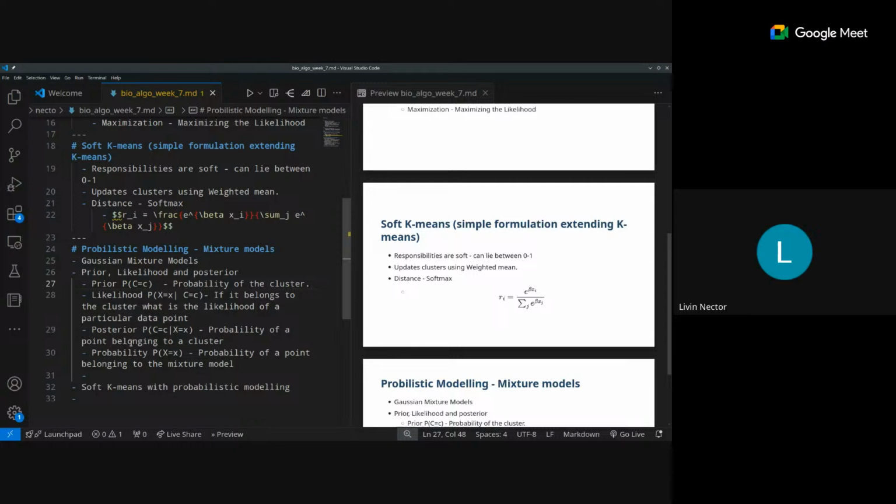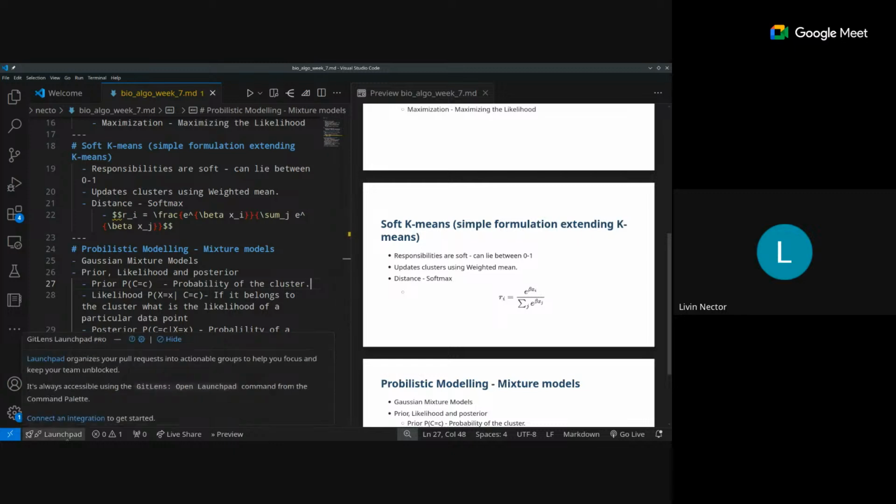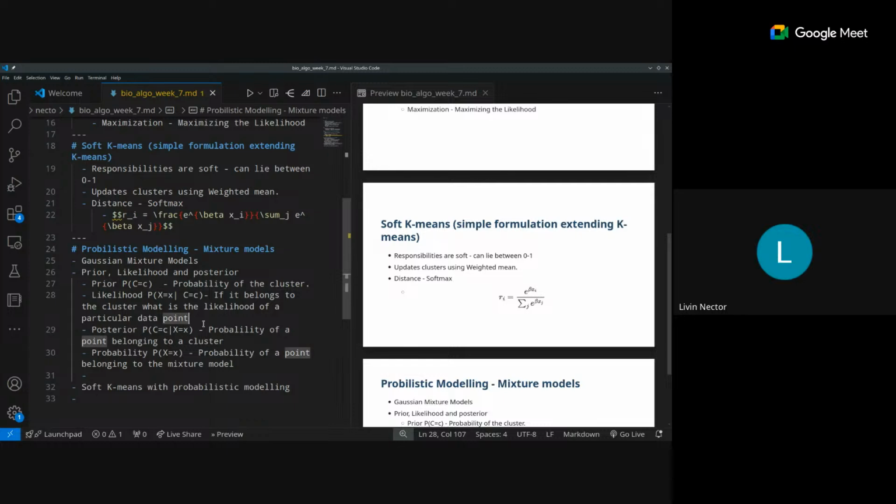That is the probability of that cluster. So with this we do the probabilistic modeling, right? In that, these responsibilities become the probability of the particular prior, the cluster. That's how it works. In a Gaussian mixture model, we assume these prior and posterior probabilities.